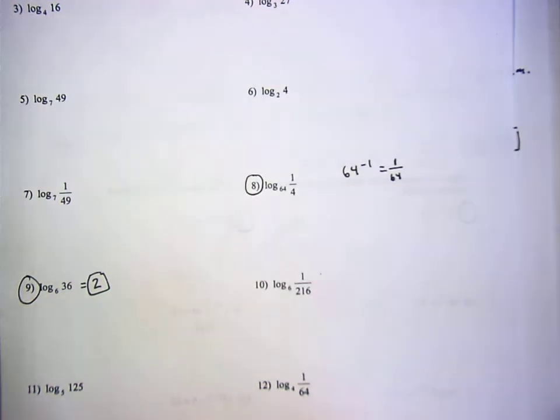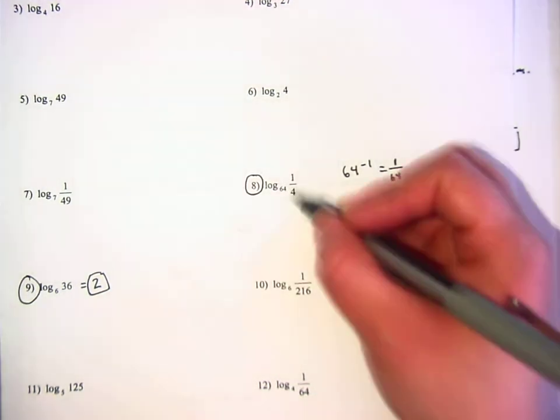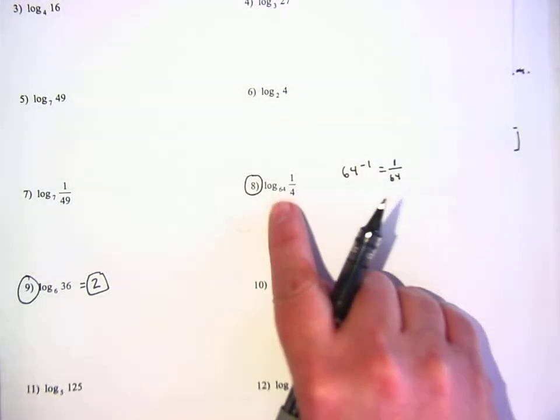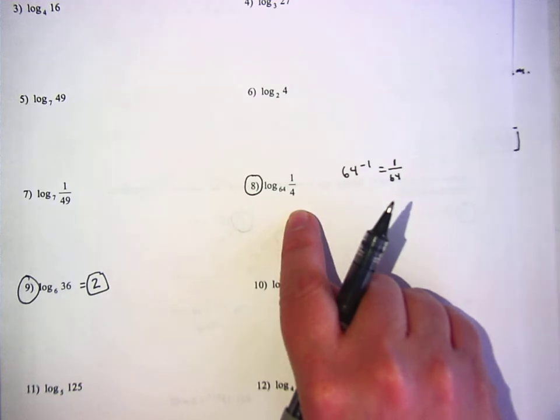What if it was 64 to the what power equals 8? What kind of power would make something do a square root? Do you guys remember what power is equal to a square root? Yes, so 1/2. So we can do a fraction power to make this work.